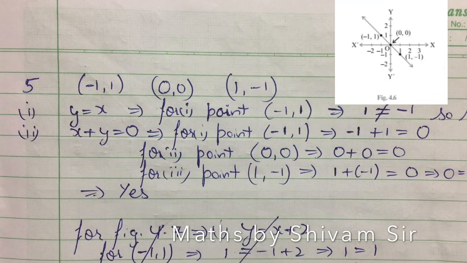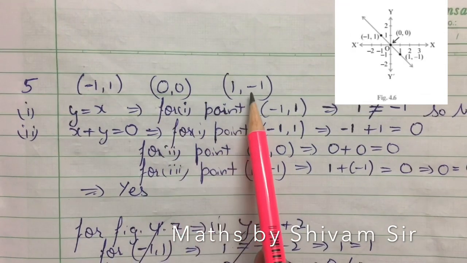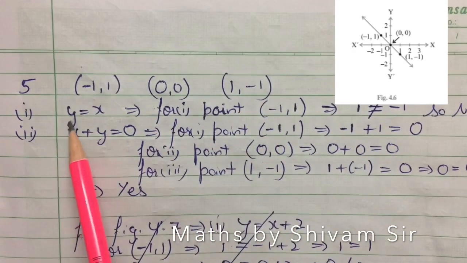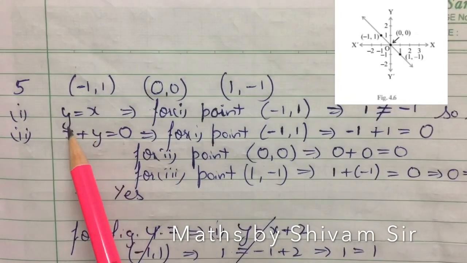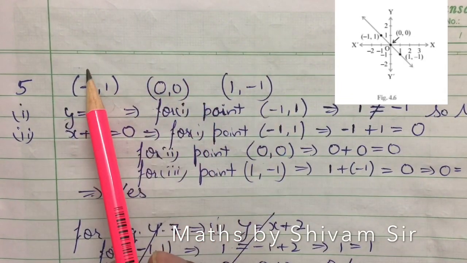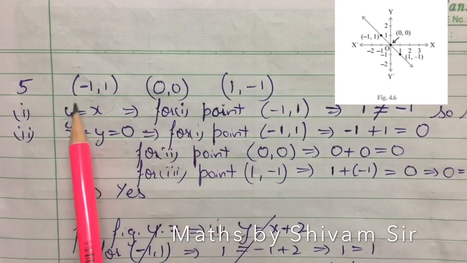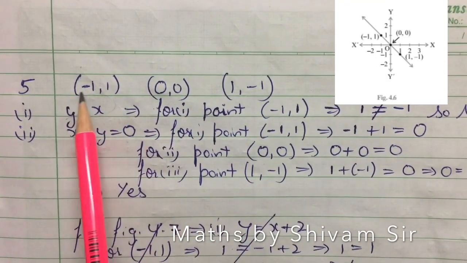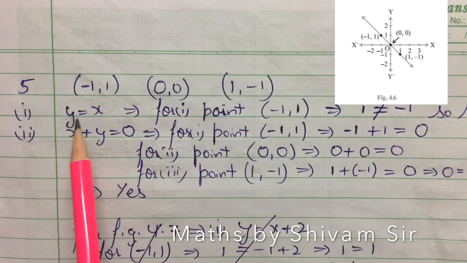The first equation is y is equal to x, and the points are (minus 1, 1), (0, 0) and (1, minus 1). If this equation satisfies all 3 points, then we can say these 3 points lie on this equation. So all 3 points should satisfy this equation.